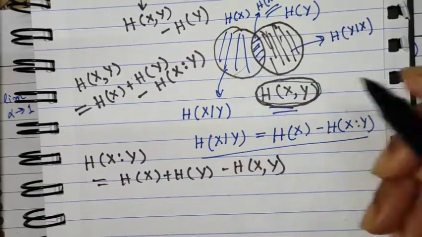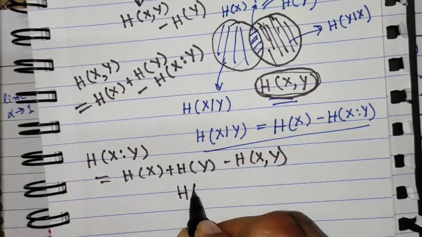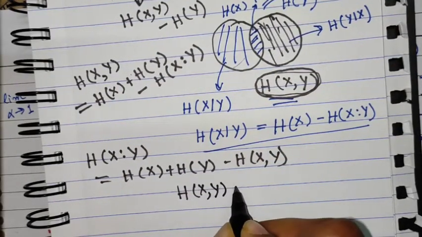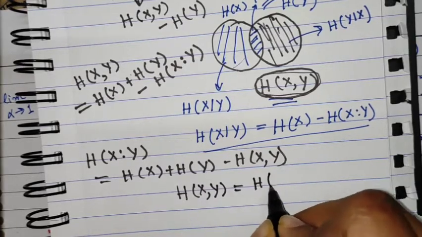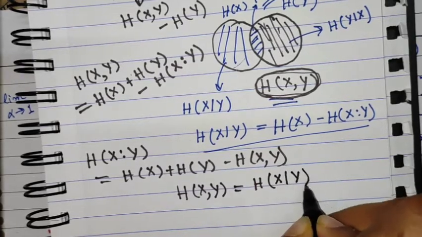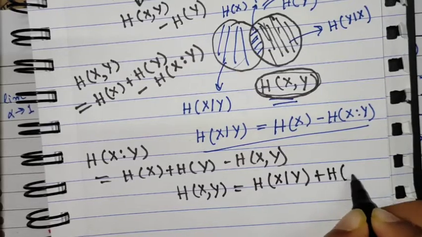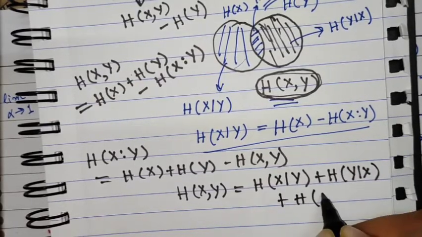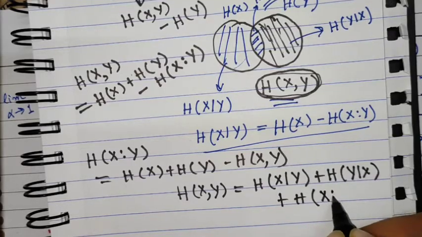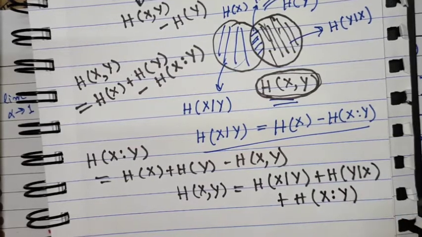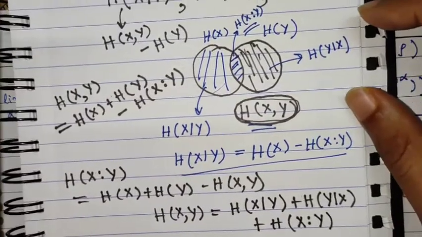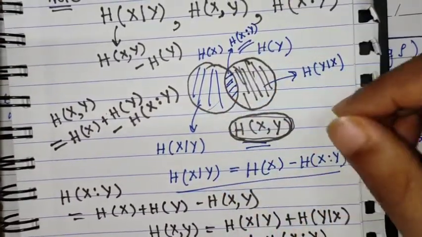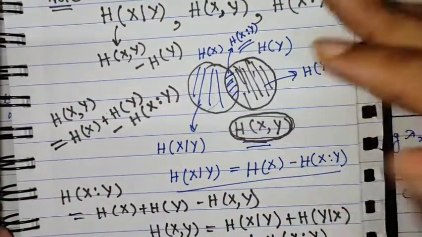And similarly we can also say that H of x comma y is equal to H of x conditioned on y plus H of y conditioned on x plus H of x mutual y. So like this we can get various kinds of relations just using this Venn diagram.